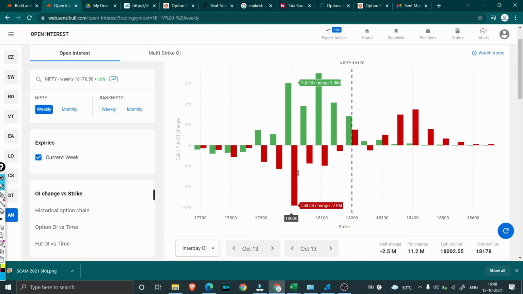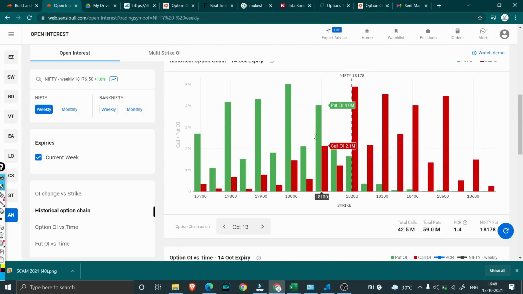That means people are no longer expecting the market to go below 18,000. And even if you look at this, quite some strong put writing coming in at 18,000 as well as 18,100. So 18,200 might act as a resistance given the OI, but tomorrow if we see a huge gap up, we might see some strong put writing happening at 18,200 also. So let's hope for the best.